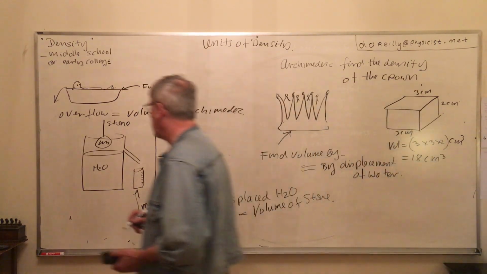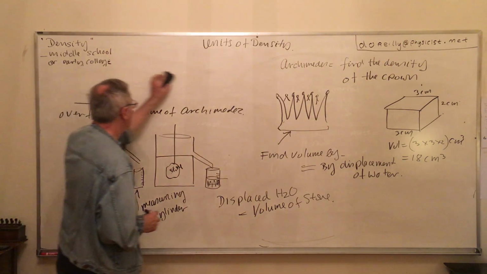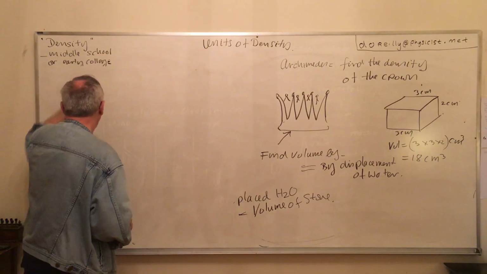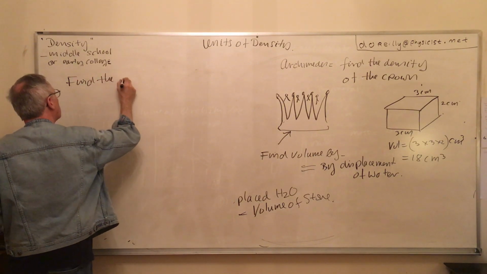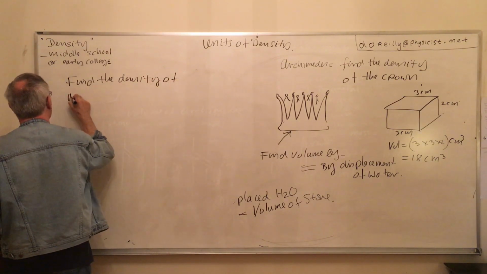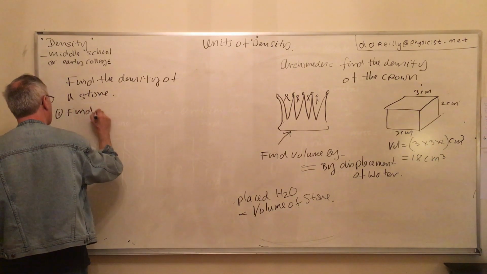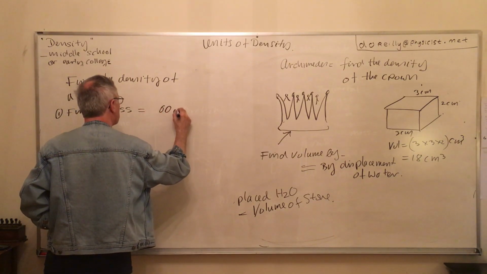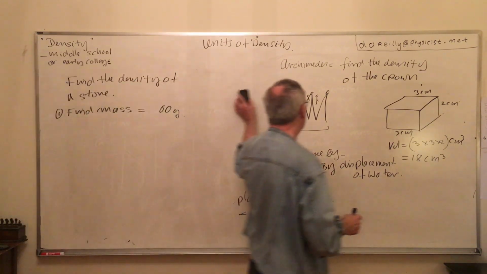So let's see how we can do something like that in the laboratory at home, anything like that. Somebody gives you a stone and they say, find the density of this stone. Suppose we go away and weigh the stone, and we find that its mass is 60 grams.